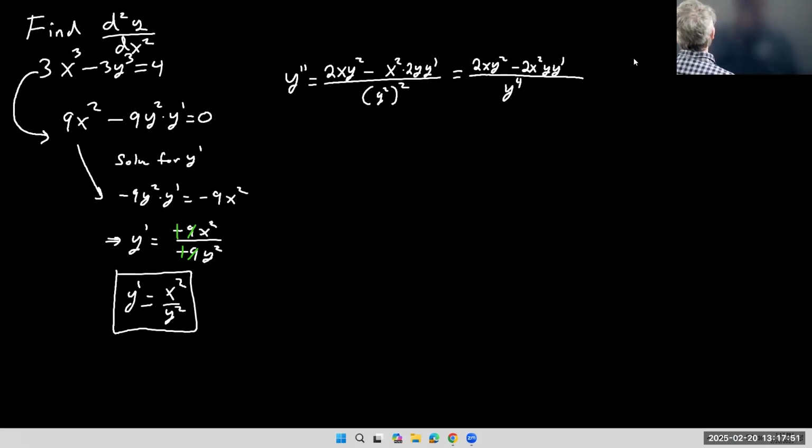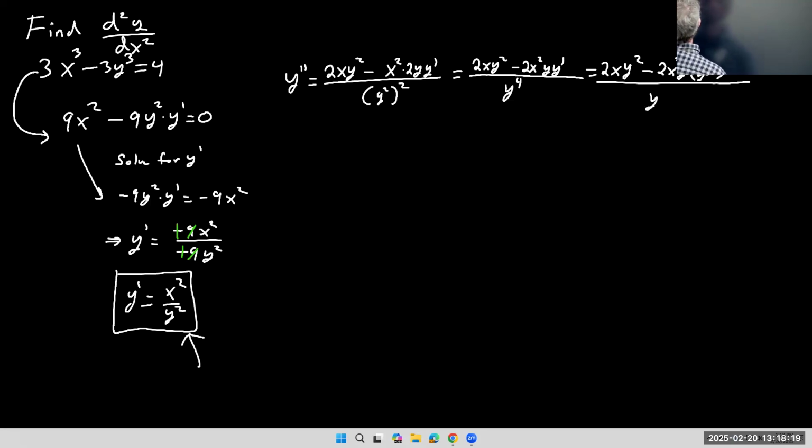What I notice here is that y prime is in the second one. It's in the second derivative. And we found that to be x squared over y squared, and that's over y to the fourth.